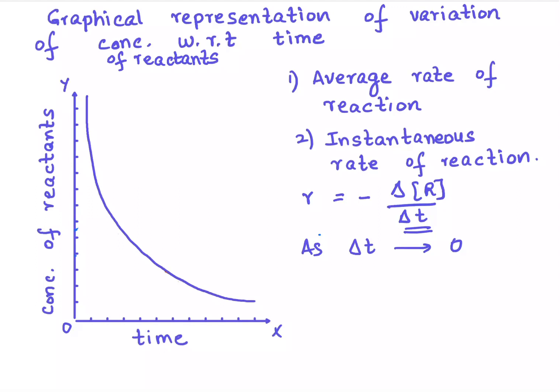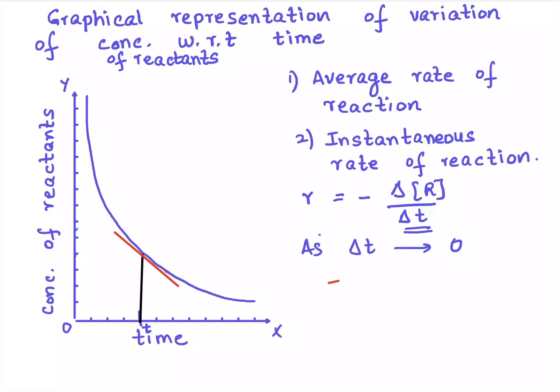So let's suppose I have to determine the rate of this reaction at time t. What am I going to do over here? Yes, first of all, I am going to locate this point on the graph. Then I am going to draw the tangent at this particular point on the graph.